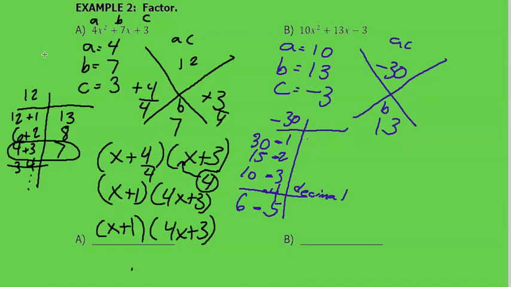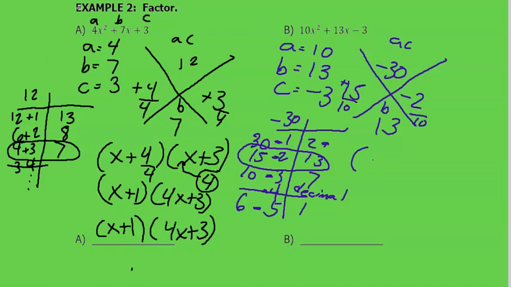So let's find the differences. We have 29, 13, 7, and 1. We can use that second factor pair, since that's the B that we want. So we have 15, and we have minus 2. Divide these by A, which is 10, and reduce those fractions.